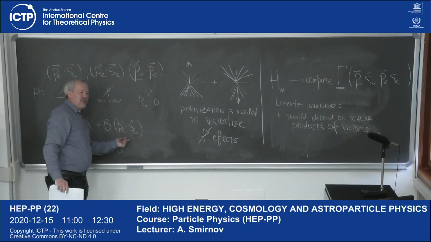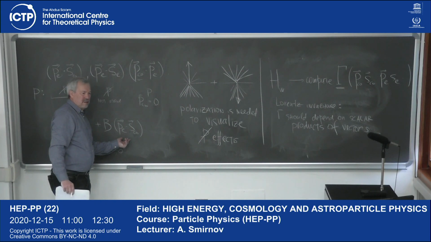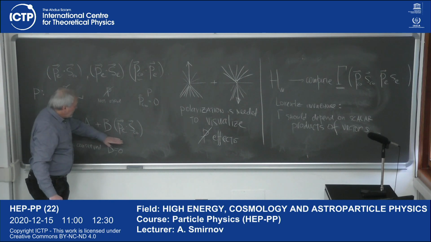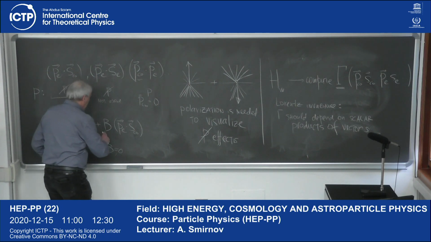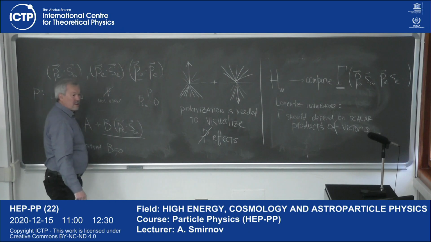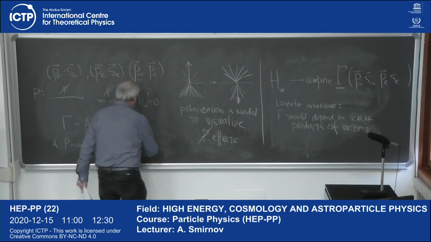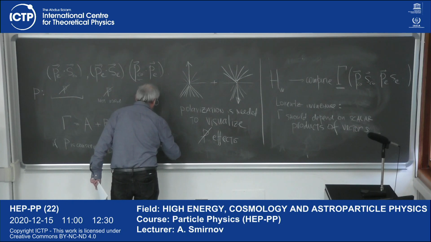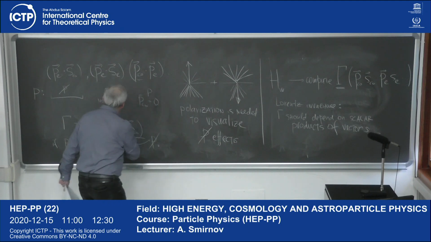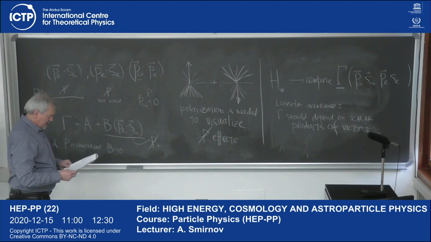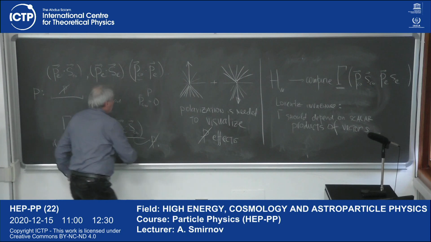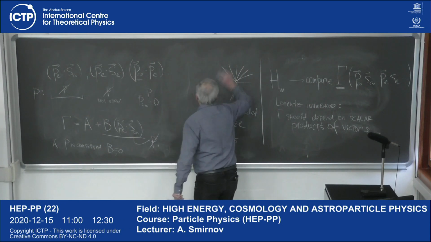Because this combination changes the sign, this product, under P transformations. Presence of such a term is an indication of P violation. So that's the P violating term in gamma.